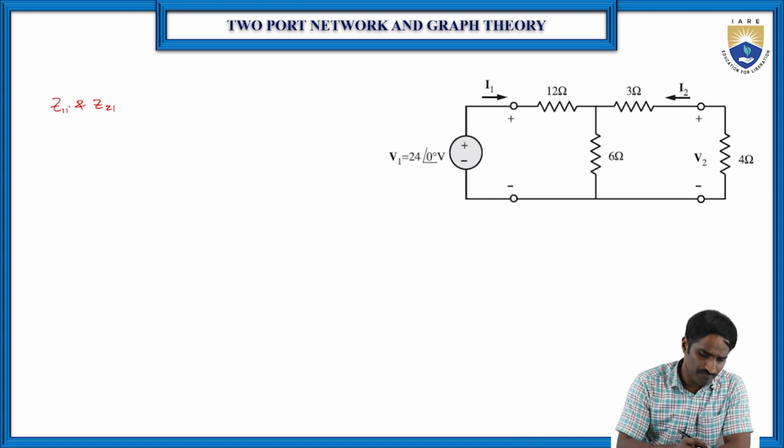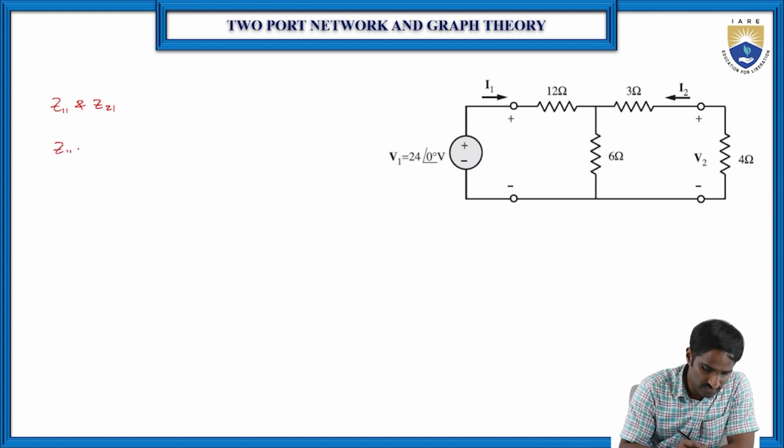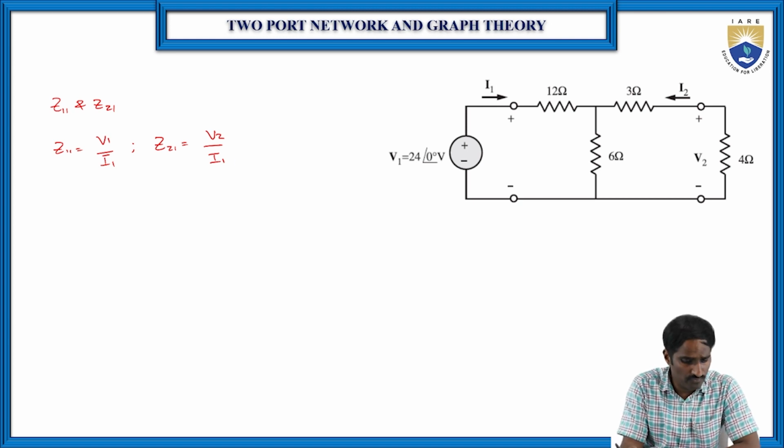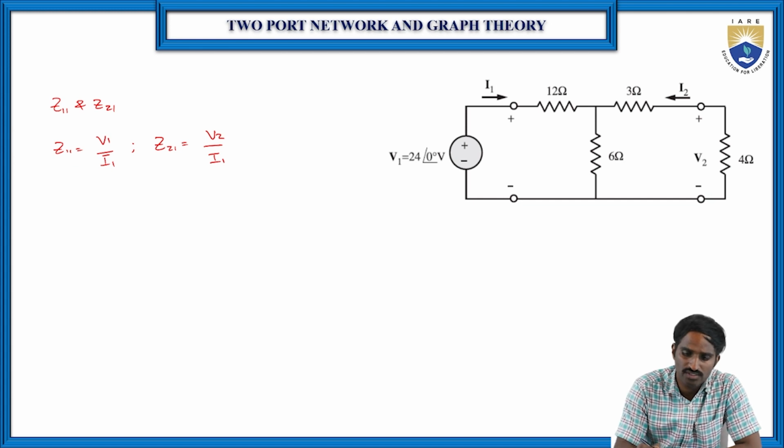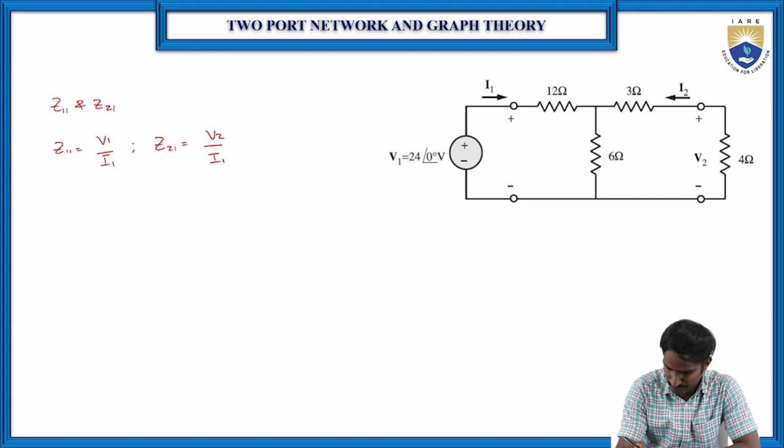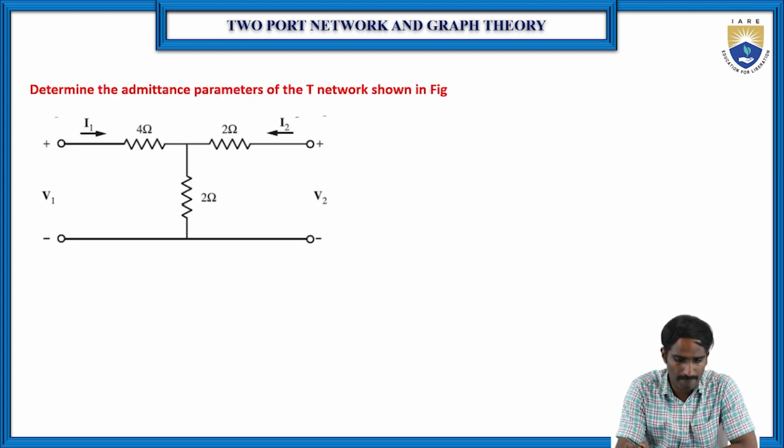As we know already, Z11 is equal to V1 by I1, and similarly Z21 is equal to V2 by I1. So if you are able to find V1 and V2 in terms of I1, then it is easy to find Z11 and Z21.